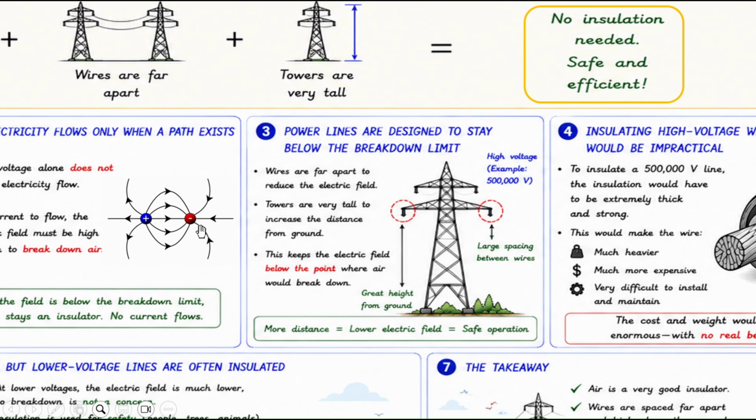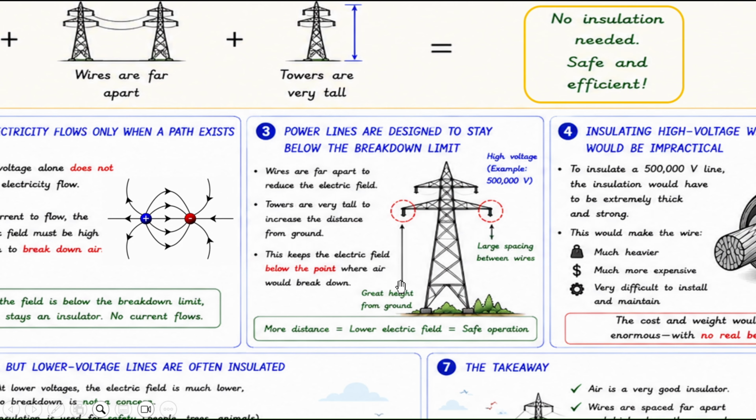Now, one thing to keep in mind is that when we design power lines, there are design requirements, and one of them is that the metal conductors have to be at a specific height from the ground.